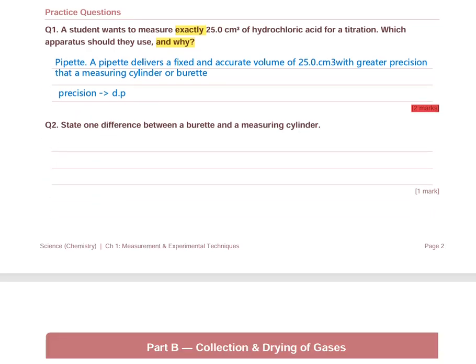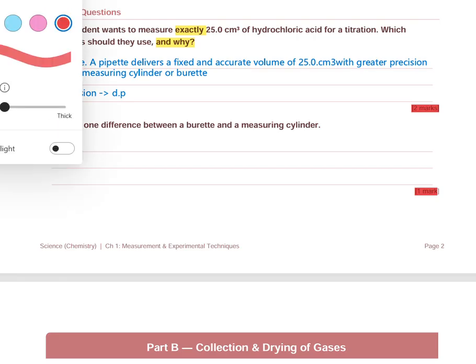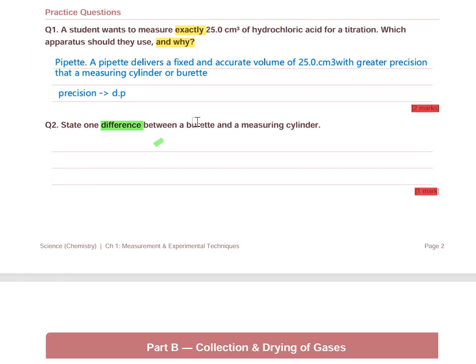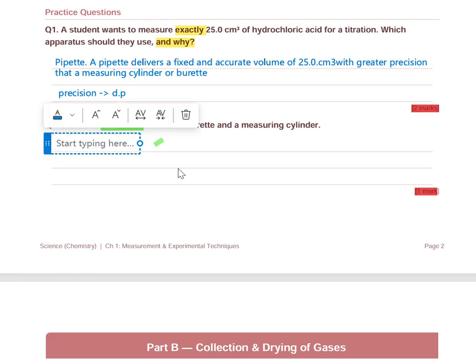Okay, so it's the difference between a burette and a measuring cylinder. Obviously, look back at the mark question again. It's only worth 1 mark, but you still must write both, because it's asking you to state the difference between both of them. So you must state what they are both about. So let's write the first answer. A burette, state burette first.